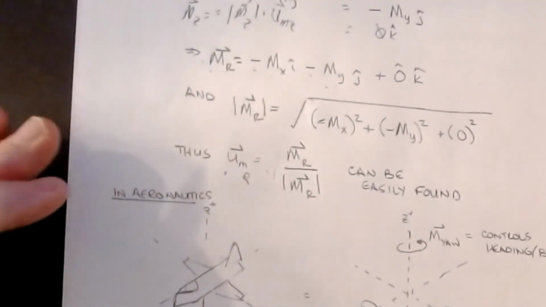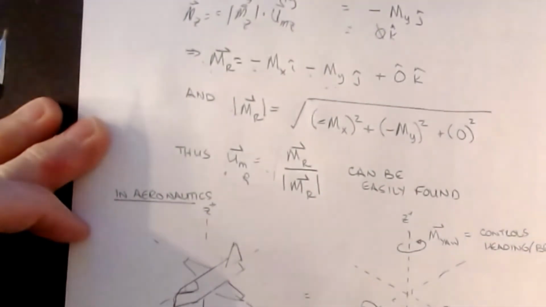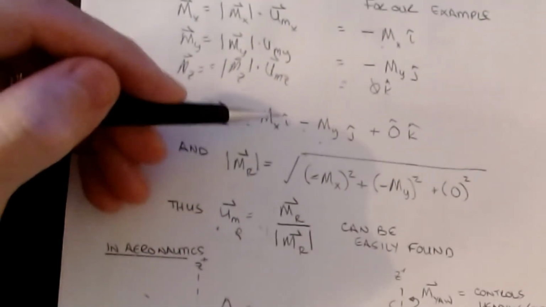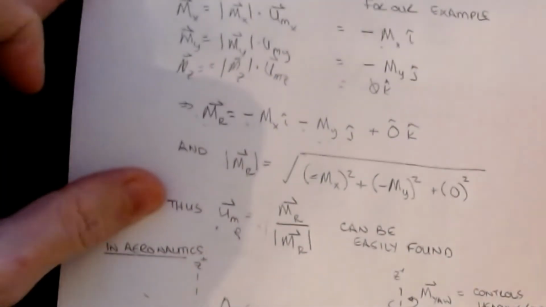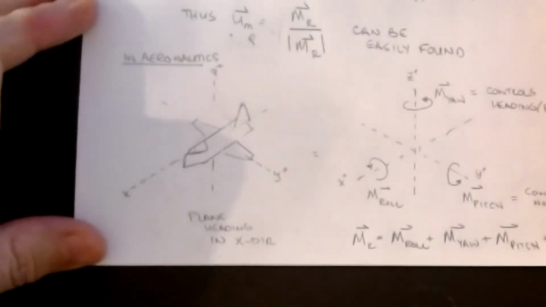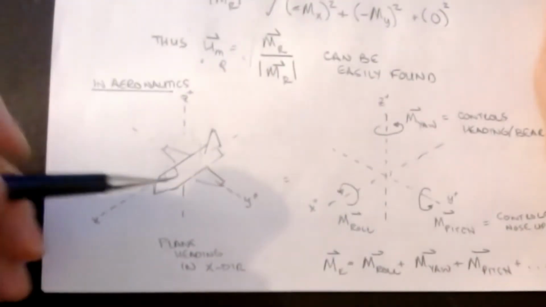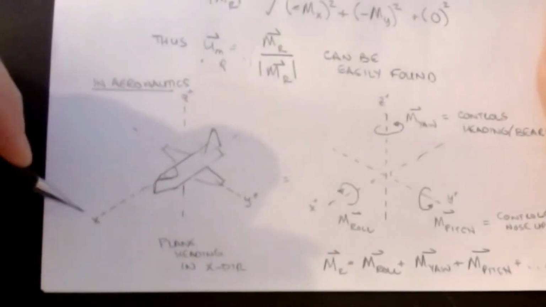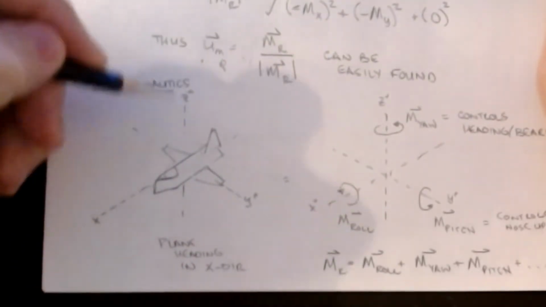It's pretty cool. Something interesting that comes out of all this is that we're looking at moments associated with i, j, and k. In aeronautics, even though it's not necessarily a statics problem, this is an awesome picture of an airplane. Here x is down to the left, y is to the right, and z is acting up.